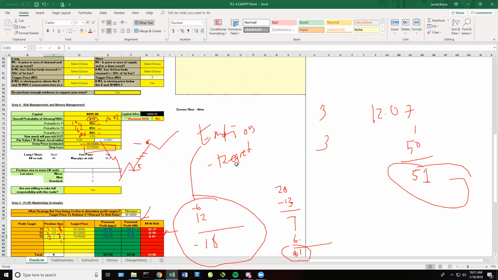Does it make sense there, Jared? Because they are within the realm of the distance of where your overall probability is, based on your forecast. So if you're forecasting that the price will get up here, and you're basing your target points on the fibs, then technically it will surpass everything here within that distance.